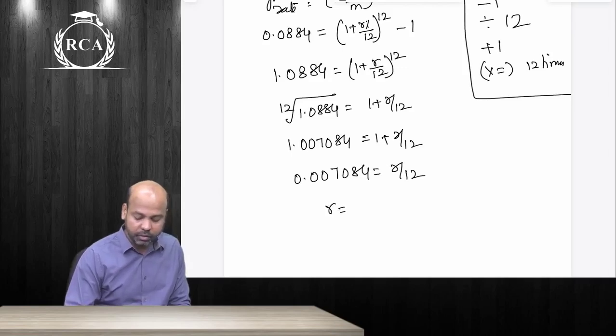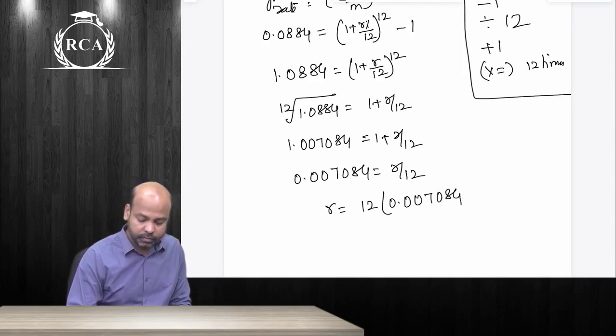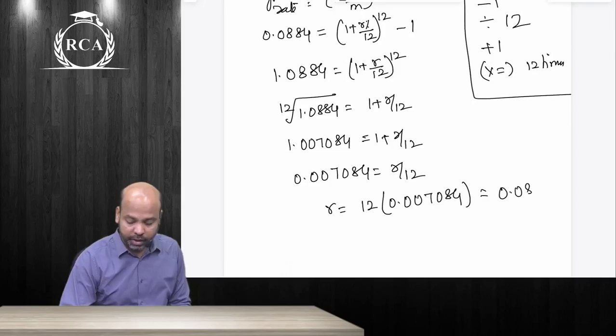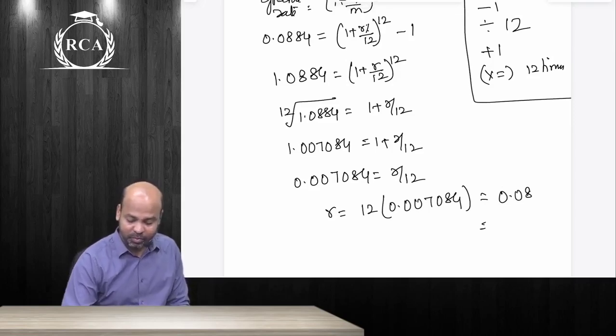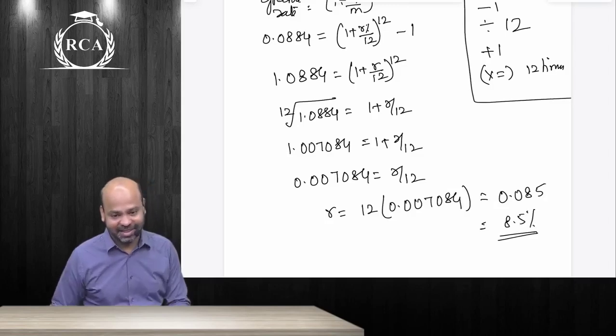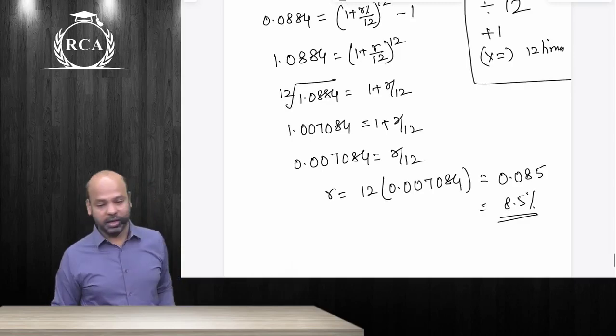Now r equals 12 times of this. You will get 0.085. So that'll be 8.5%, guys. This is the value, beta, that you will get.